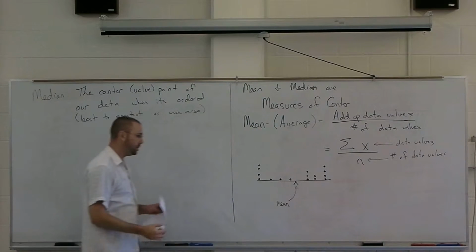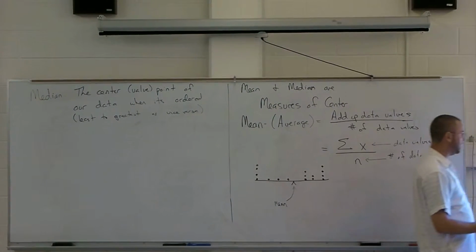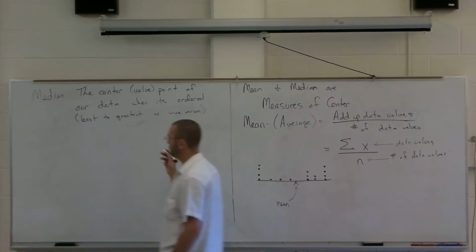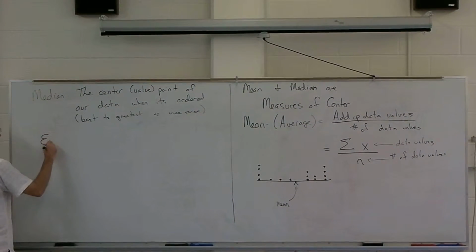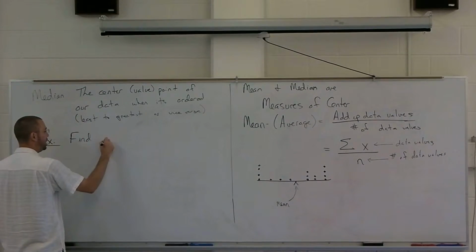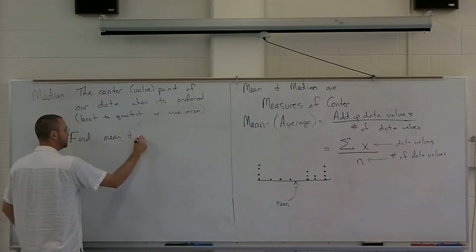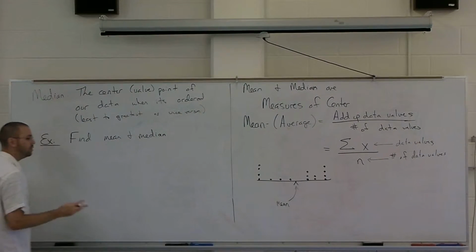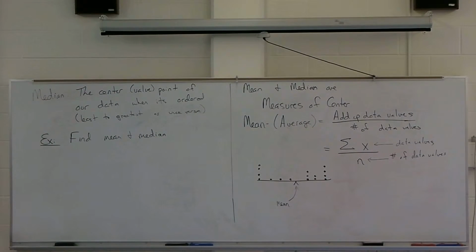Now, sometimes when working with the median, it's not always easy to identify where that center point is. Let's take a look at an example of this real quick. Let's go ahead and find the mean and median of the following set of data.